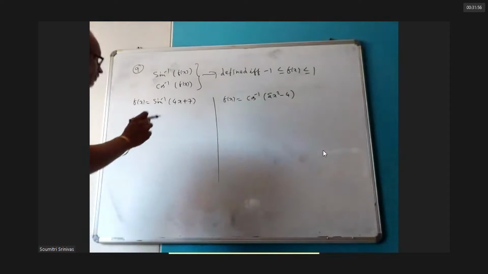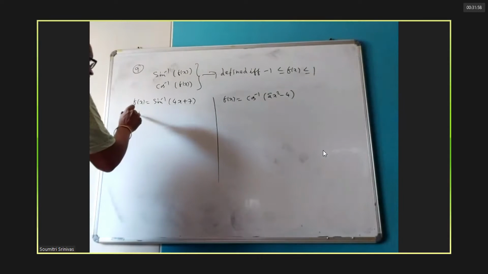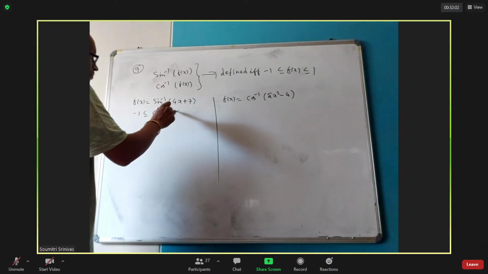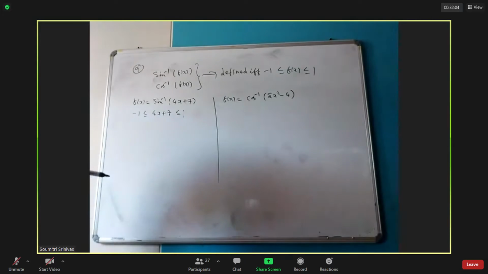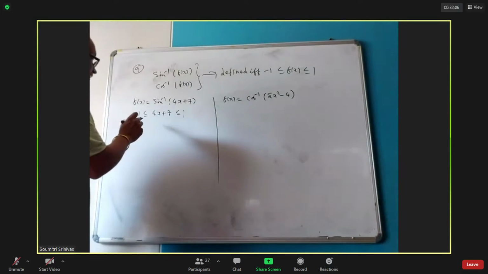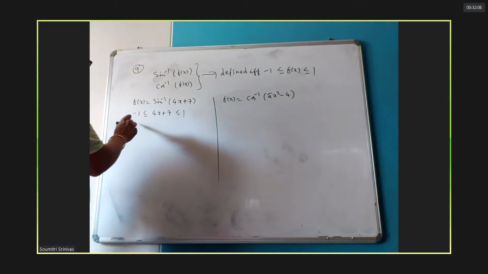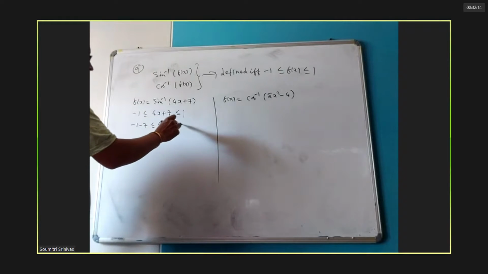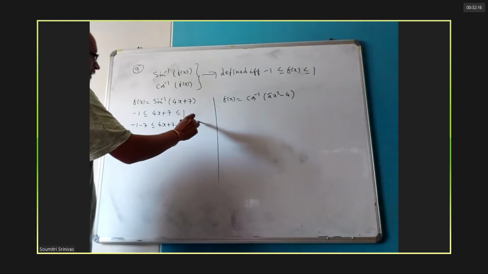What will I get here? -1 less than or equal to... Add -7, what will it give? -1 -7, 4x plus 7 minus 7, 1 minus 7.